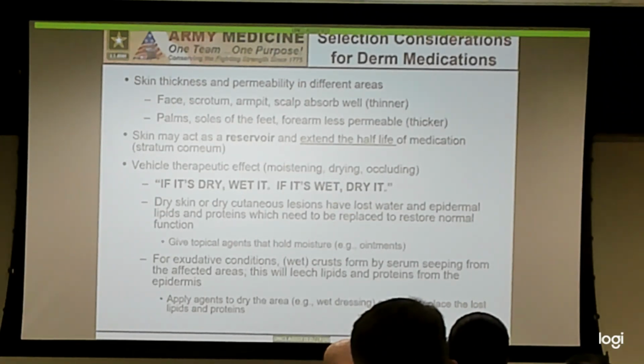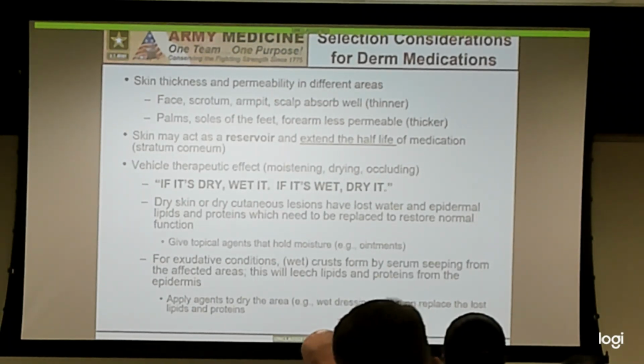And then we talked about this last lecture: if it's dry, wet it, and if it's wet, dry it, okay? If they are having these lesions that are weeping, is what we call it, so they're leaking out, then we're trying to replace or moisturize in those situations. So dry, I'm wetting it. I'm going to use something like an ointment in that situation.